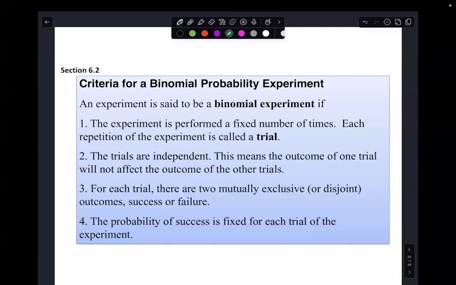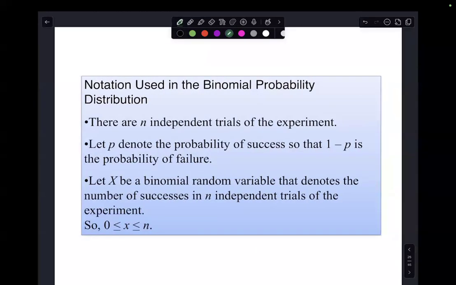All right. So let's take a look at some. We're going to do some examples here in a minute, but look at the notation first. This notation is kind of important because the formula that I give you is going to use these letters. So the lowercase n is the number of trials. We actually are going to use this same notation throughout the rest of our class. So it's good to get these down.